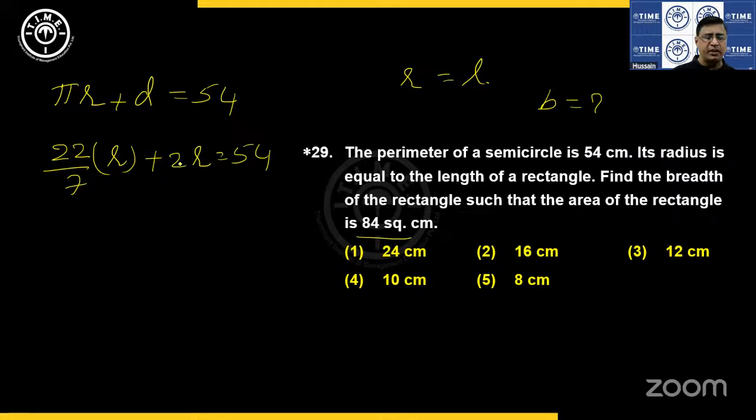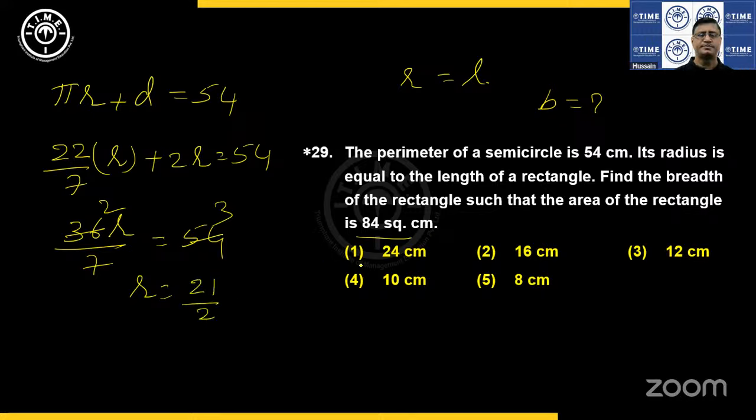Now 7 into 2, 14, 14 plus 22, that is 36r by 7 is equal to 54. 18 2 times, 18 3 times, the value of r is equal to 21 by 2. What is r? R is equal to L.